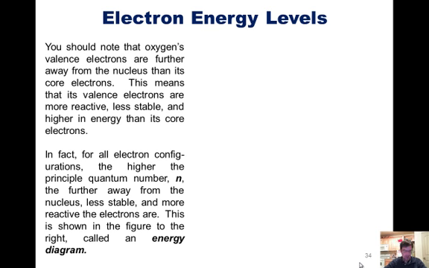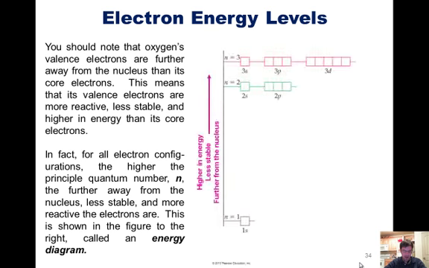This is shown in the figure to the right, which we call an energy diagram. So you can see this energy diagram portrays the most stable electrons, which are in the 1s orbital closest to the nucleus, as being down here. We go higher energy, less stable, more reactive in the 2s and 2p electrons, shown up here.